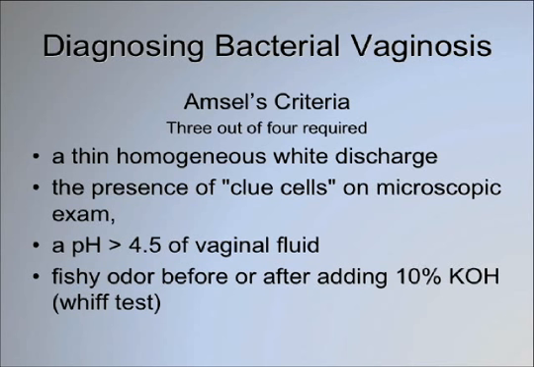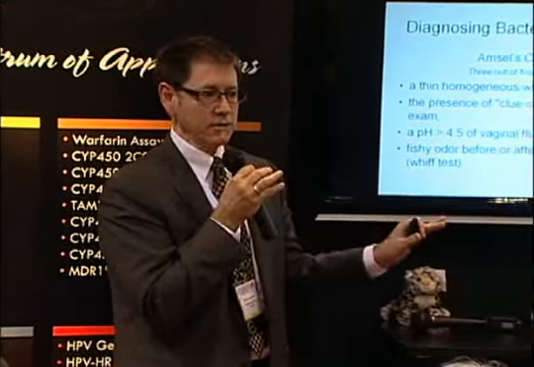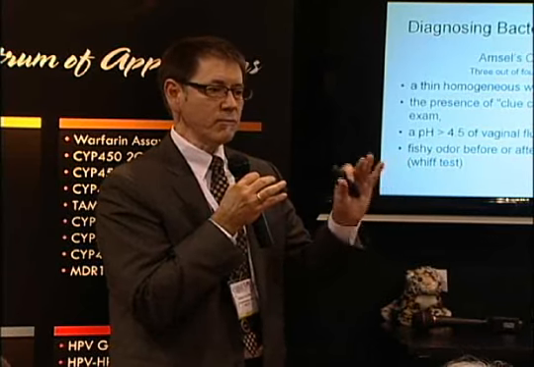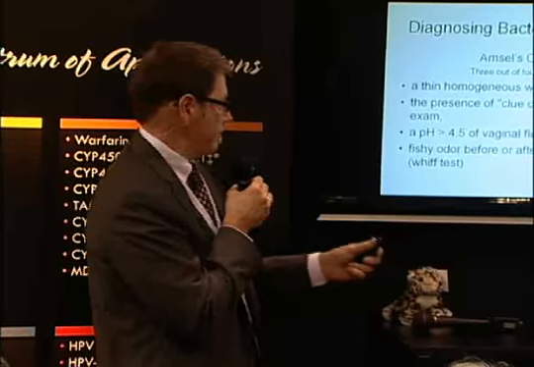And also, we have the famous and ever popular whiff test, which involves the addition of KOH to the slide. This is a uniformly poorly done test in clinicians' offices and yields extremely variable results. And huge decisions are made on a day-to-day basis about whether people have this problem or not.